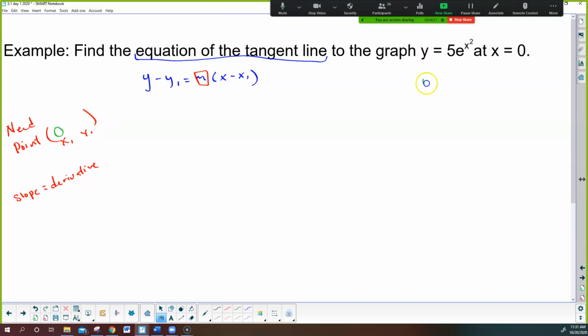Let's just plug it in. Notice my notation. Regular point. What if I plug in 0 here? Well, that's nothing crazy. 0 squared is 0. E to the 0 is 1. So that's how we find y1. That's how I find my point.